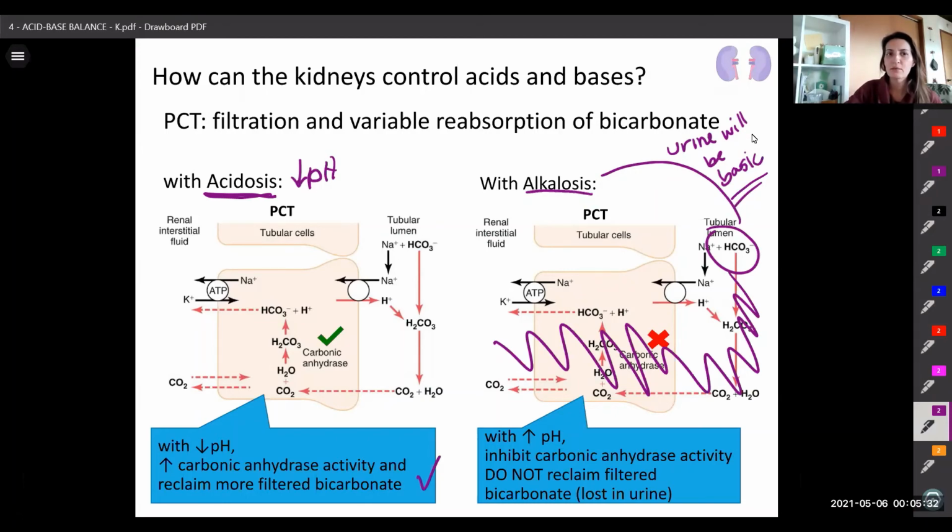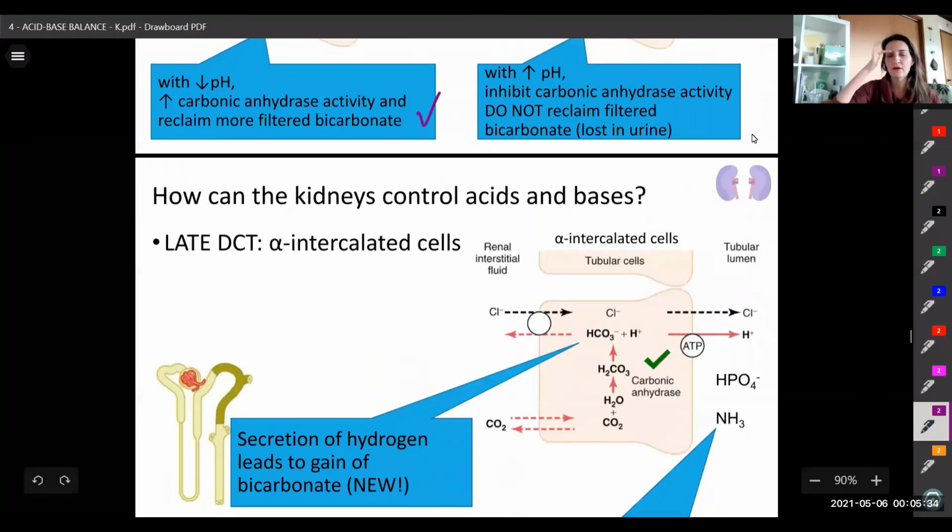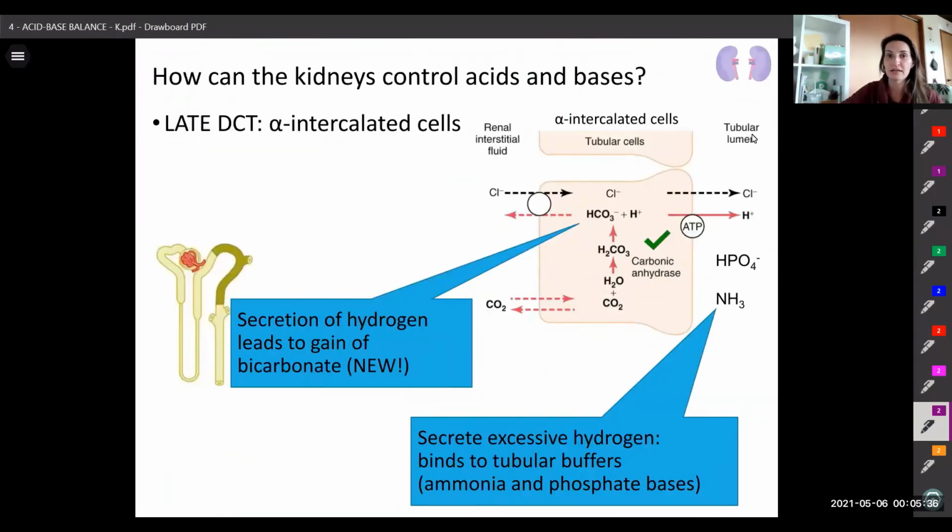Now let's take a look at what's happening further on with the alpha intercalated cells in the late distal convoluted tubule. These cells actually have the ability to make new bicarbonate, and we talked briefly about this process. During lecture time, we'll run through it again here. And we start with the fact that we're not looking at filtered bicarbonate being taken back in.